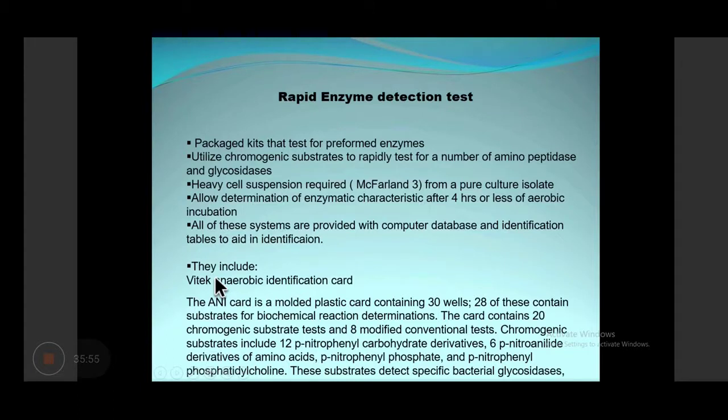What tests are available, and how many? According to that, we have the wells, the substrates and the ingredients.